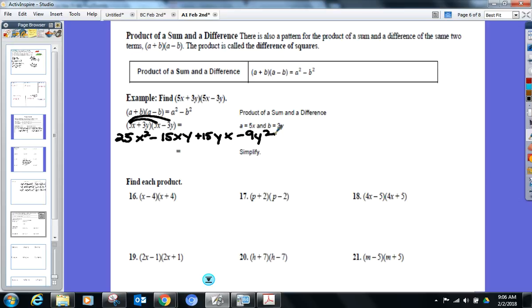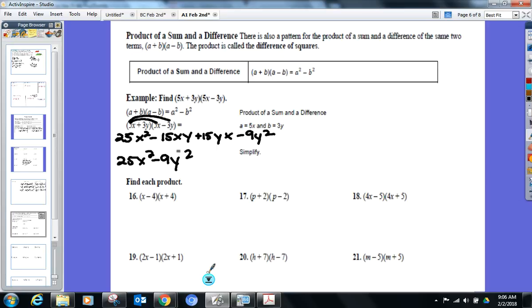What do you notice about your two middle terms? They're the same? They're not the same. They're opposites, right? And so they're going to cancel. So finally, I'm going to be left with 25x squared minus 9y squared. Anytime you multiply something by itself and the sign changes, the two middle terms are gone.